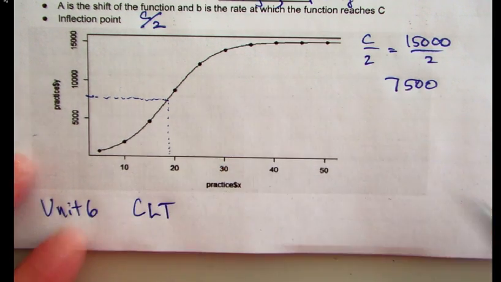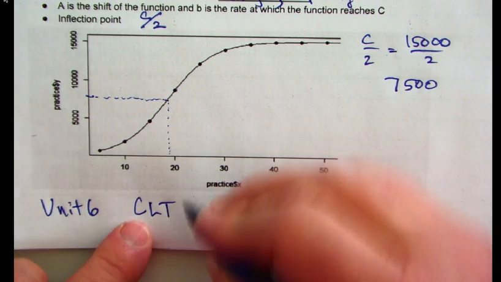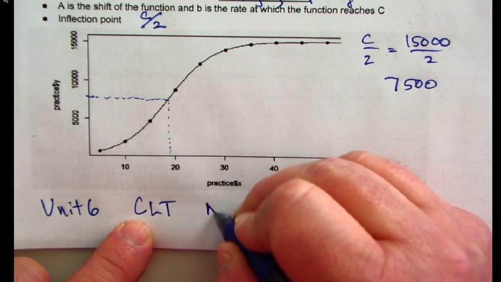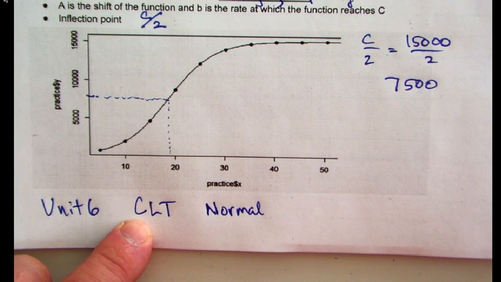But the central limit theorem says that if we take many samples from a population and calculate their means and make a graph of those means, the graph of those means should be normally distributed as long as my sample size is large enough.